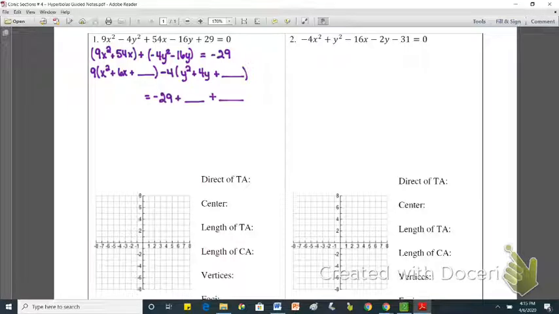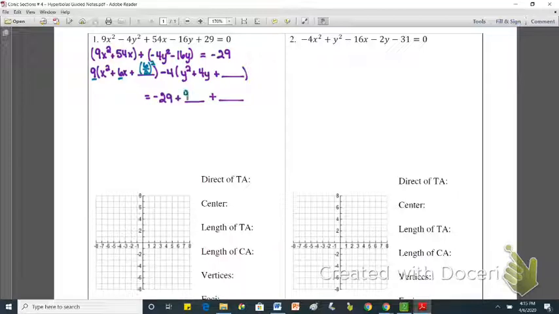So just like we've been doing to fill in the blank, I look at my b value. So it's 6 over 2 squared. Again, I'm not just adding a positive 6 over 2 squared, I'm adding 9 copies of it.